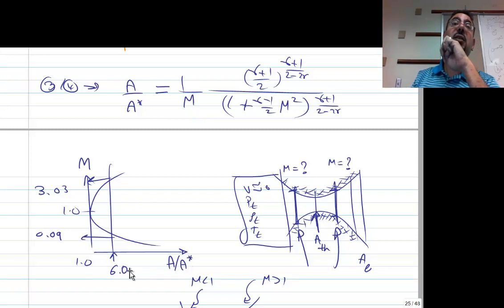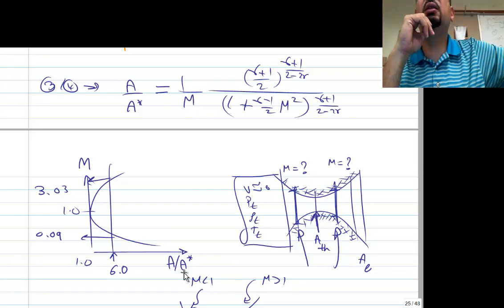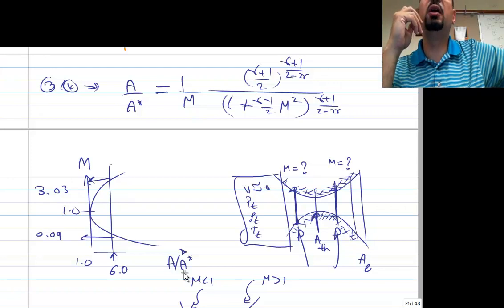But for area over area star equals 6, what's the Mach number? If you open the table, you will find there are two values that give area over area star equals 6. Why are there two values? For area over area star equals 6, there are two Mach numbers: 3.38 and 0.09, right?